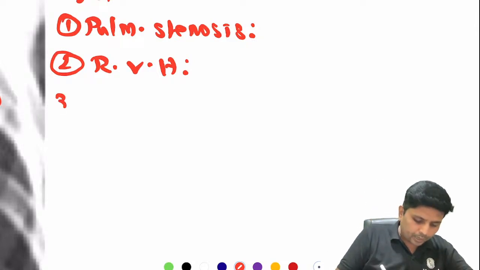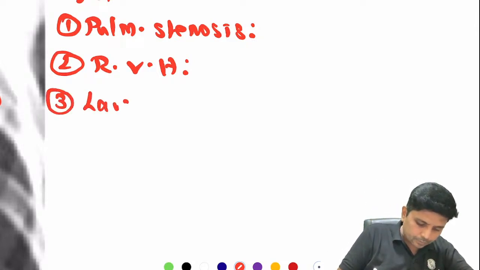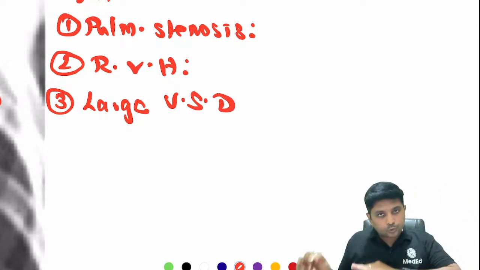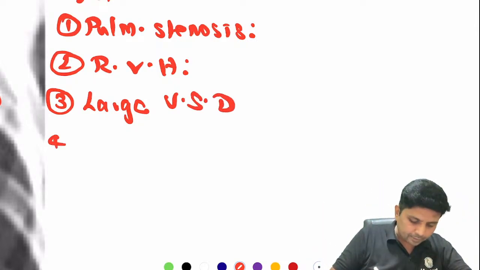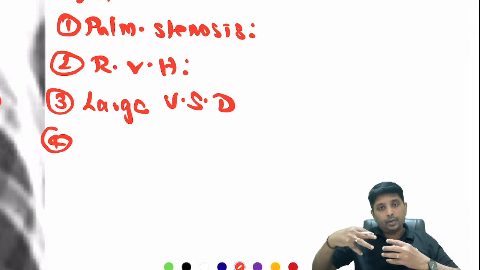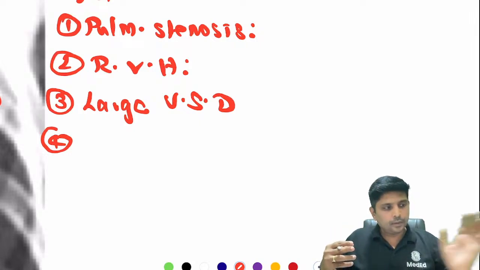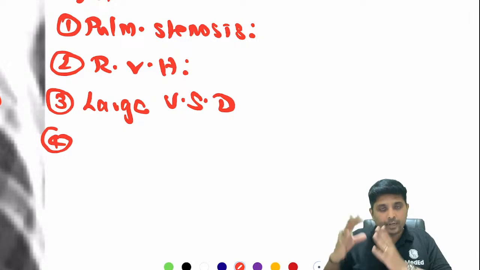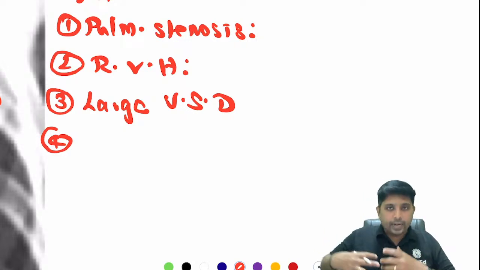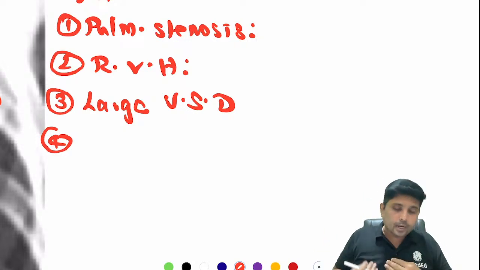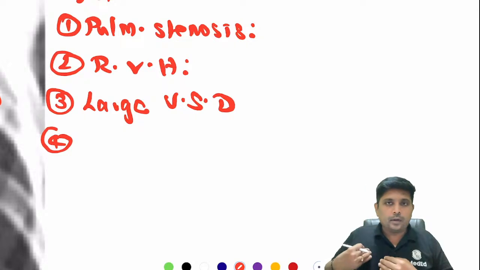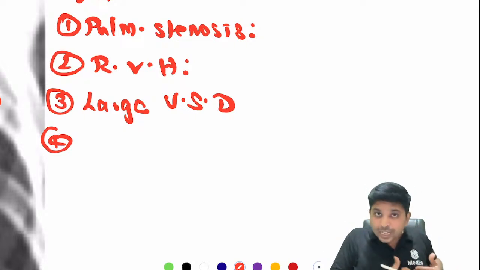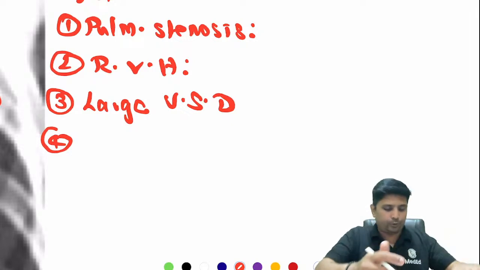And remember, you have a large VSD, and through this VSD, the cyanotic blood that is present in the right ventricle, instead of going across the pulmonary artery into the lung, goes across the VSD into the left ventricle and causes cyanosis.